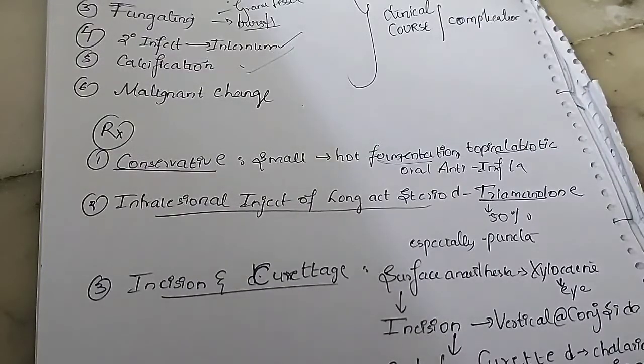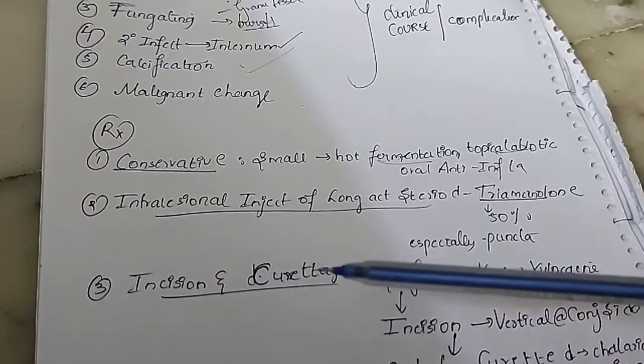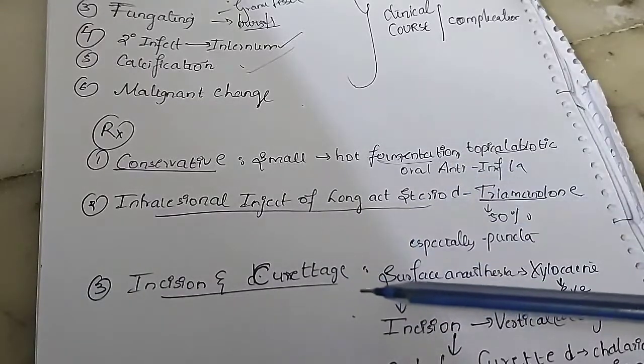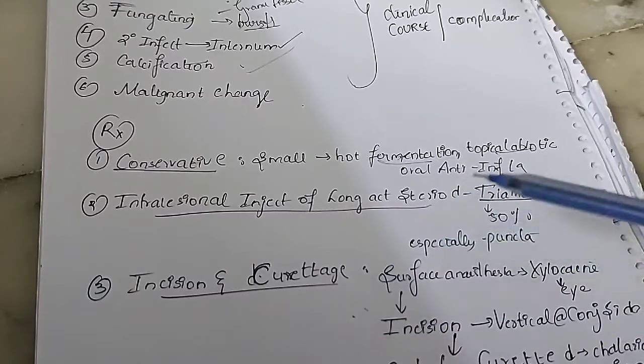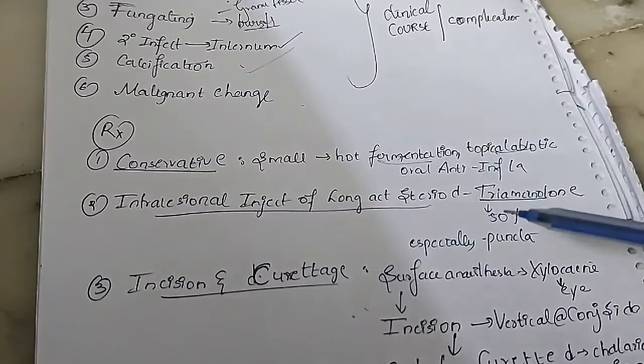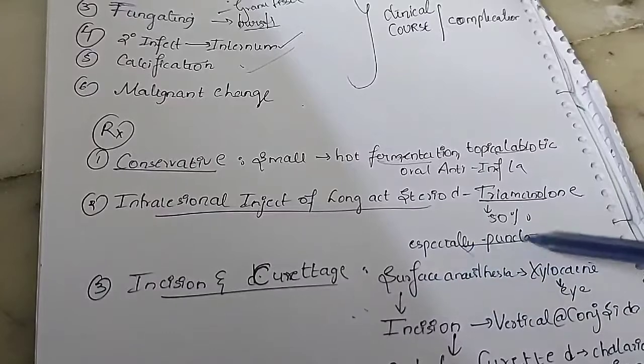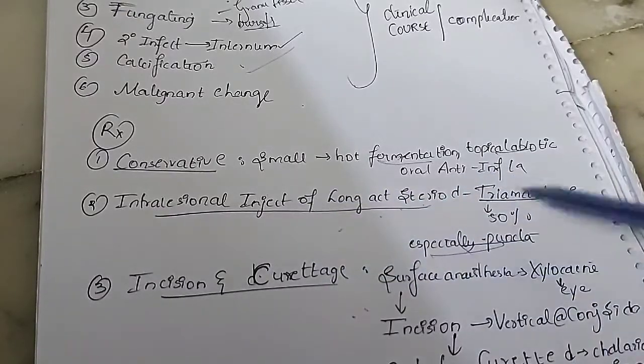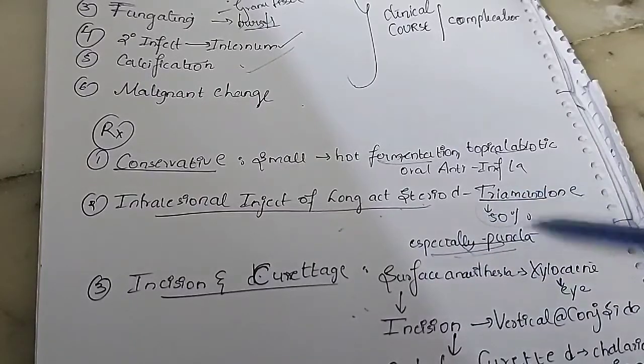In those cases, doing an incision and curettage is harmful at the lower puncta because it can damage the lower puncta. So we usually do an intralesional injection of long-acting steroid when the chalazion is at the puncta, right? In 50% of cases, it has shown very good resolution.